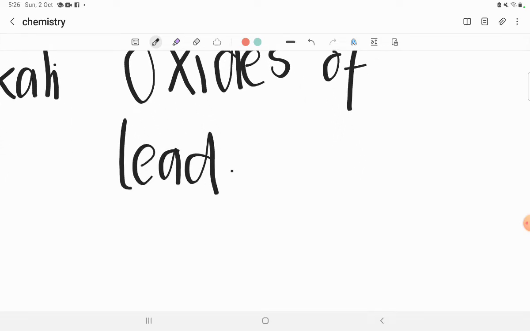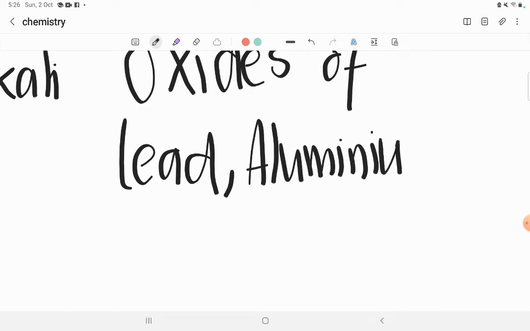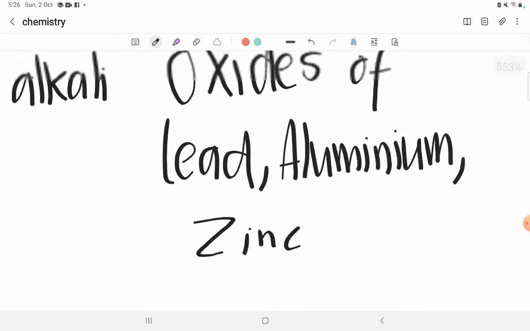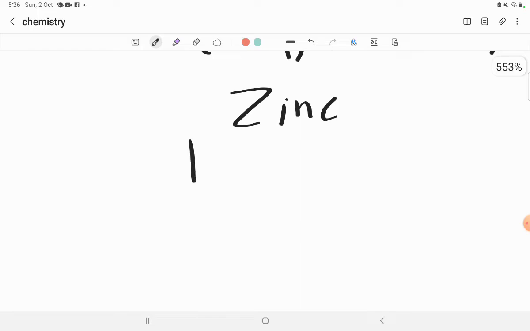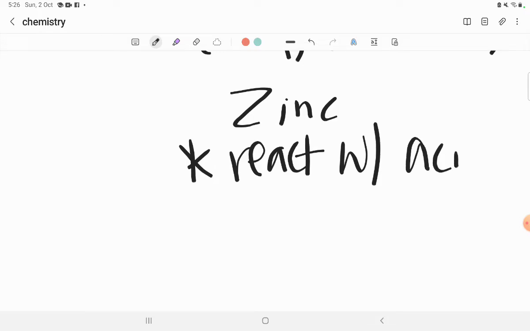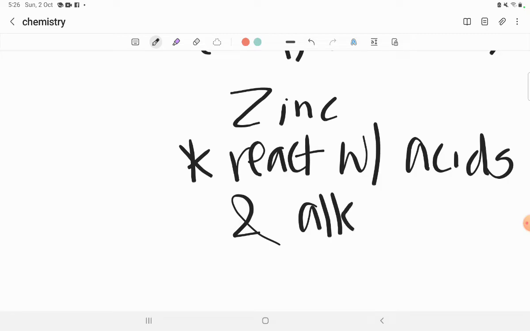Okay, oxides of lead, aluminium, and zinc. Something to note, they react with acids and alkalis.